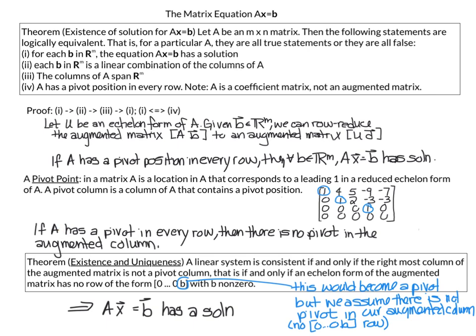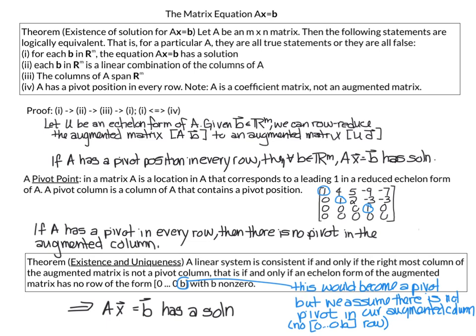Now that we know that A has a pivot in every row and there's no pivot in the augmented column, we can use this theorem from our chapter on echelon form matrices, which said a linear system is consistent if and only if the echelon form of the augmented matrix has no row of the form 0, 0, 0, B. And just to note, if you had this form 0, 0, B, then this B could become a pivot.